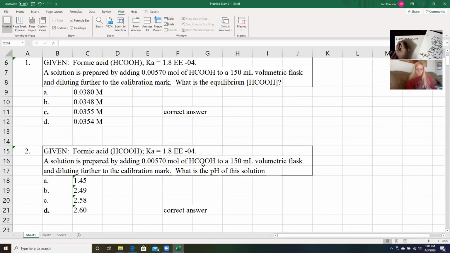So this one was the pH. pH is equal to negative log of the hydrogen ion concentration. So it's negative the log of 0.00233. No, 253. I can't read my own writing. 253. Okay?